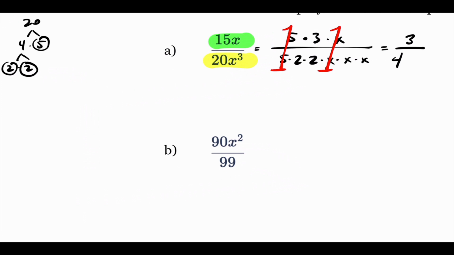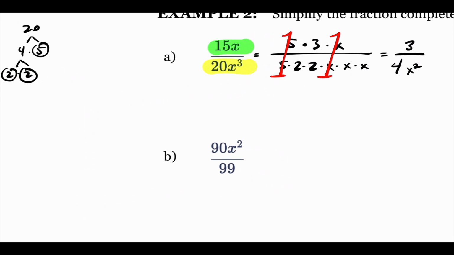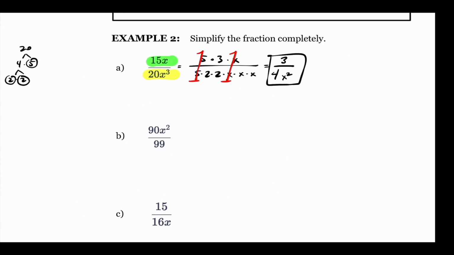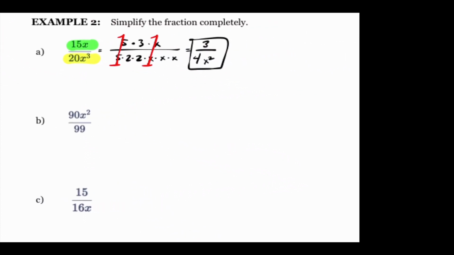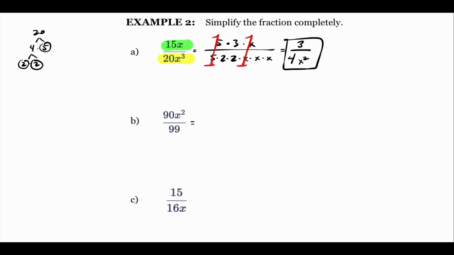X times x, x squared. Okay. Same thing. It's the same process we did earlier. Hasn't changed at all. Okay. So I want you to do B and C. Now do number 2, B and C. Do those on your own.